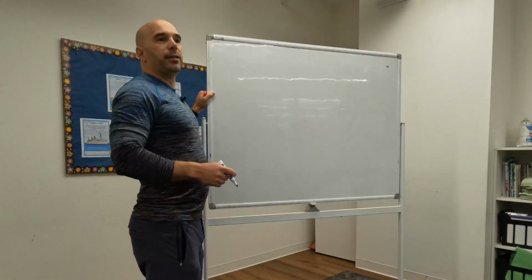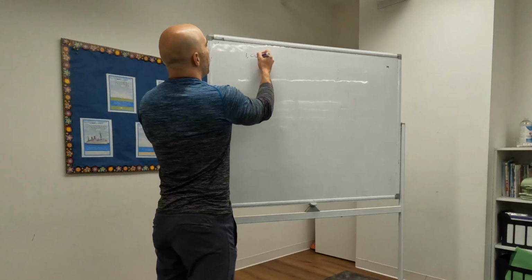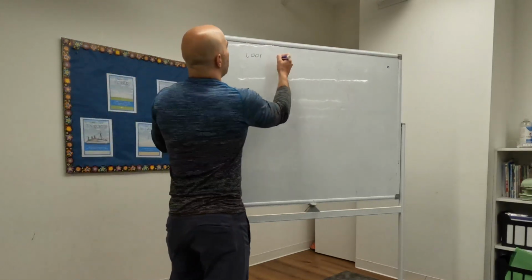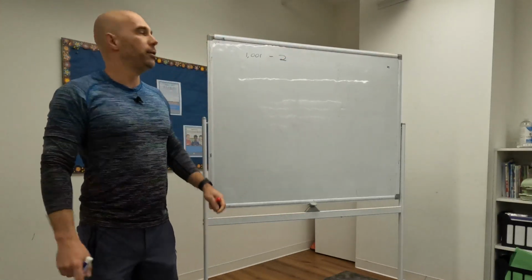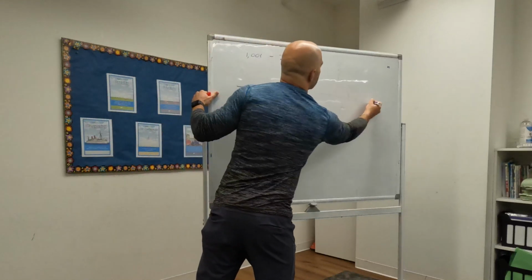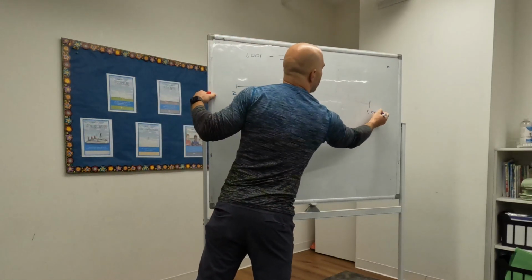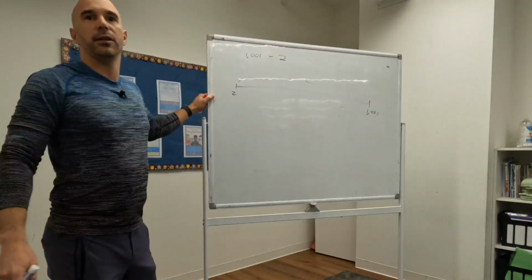So what if I wanted to know the difference between 1001 and just the number 2? Do you think that I would rather make a huge number line that goes all the way from 2 to 1001 and then figure out that distance?